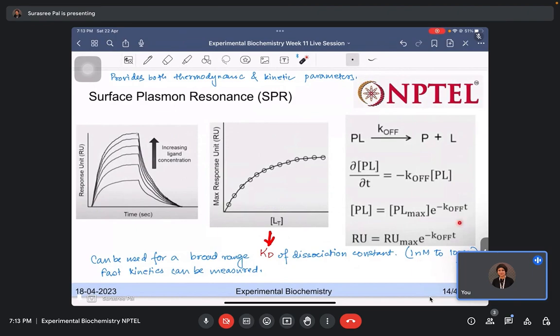So from this equation, we will be able to calculate the Koff value. In this experiment, very fast kinetics as well as slow kinetics can be measured, and we get an idea of thermodynamic parameters as well as kinetic parameters.